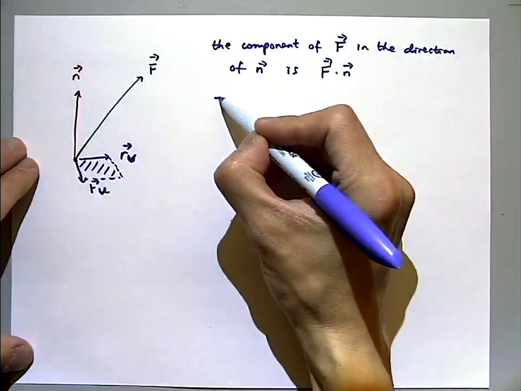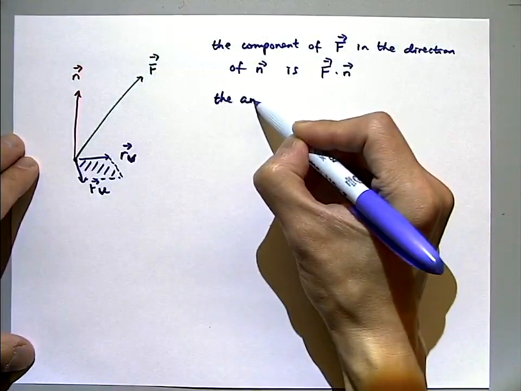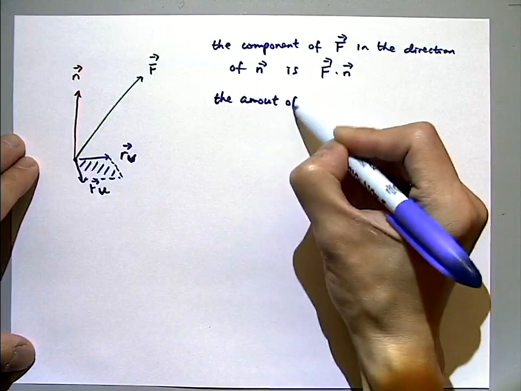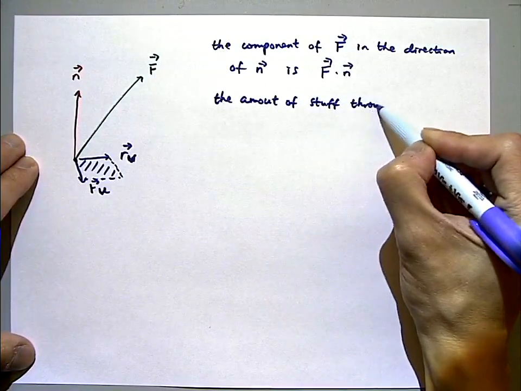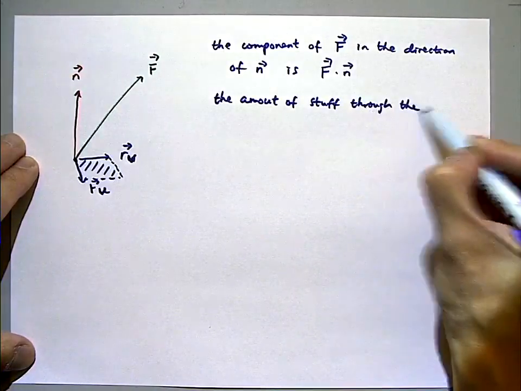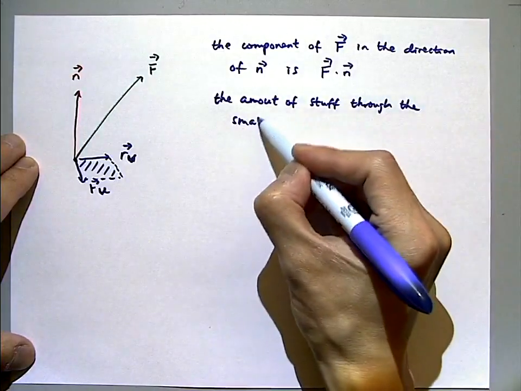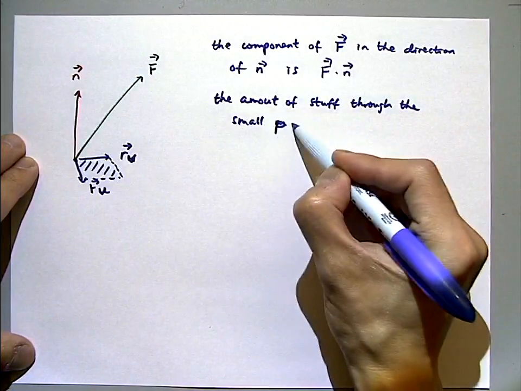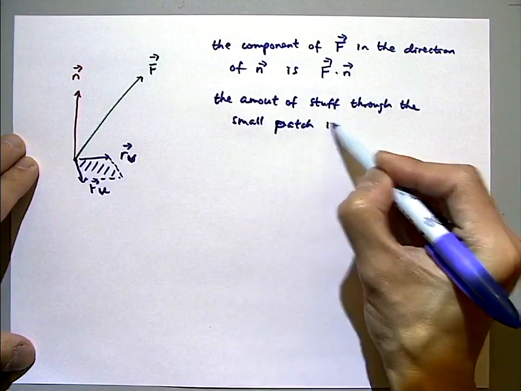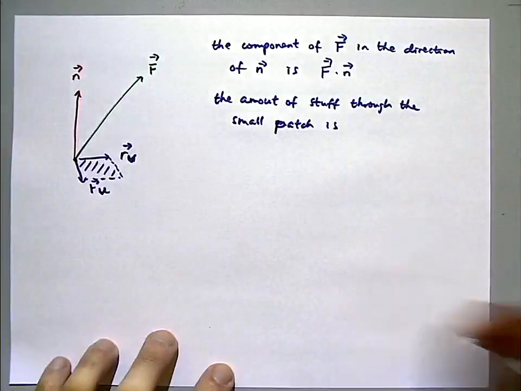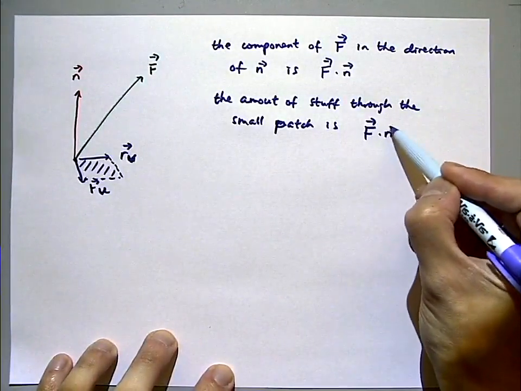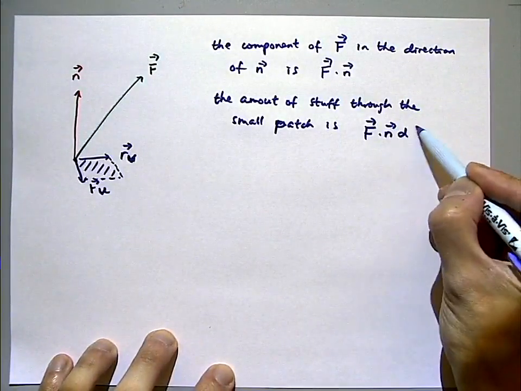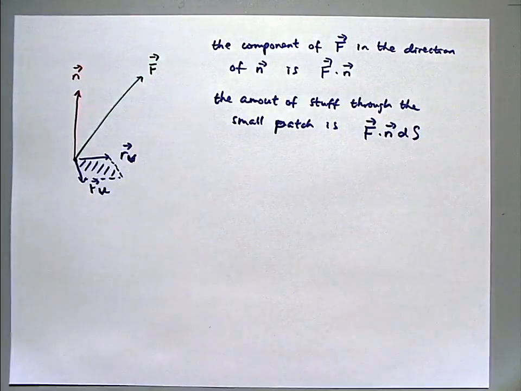So this means that the amount of stuff through the small patch is F dot N dS. dS gives me the area of that little patch.